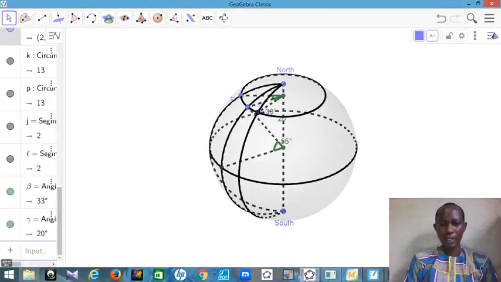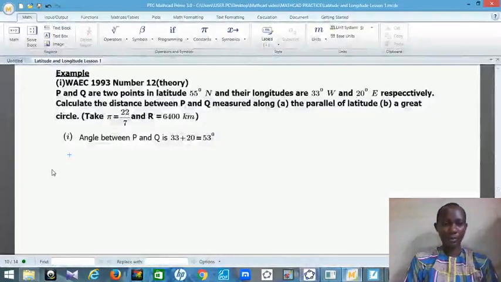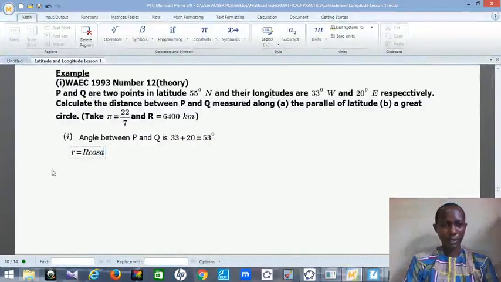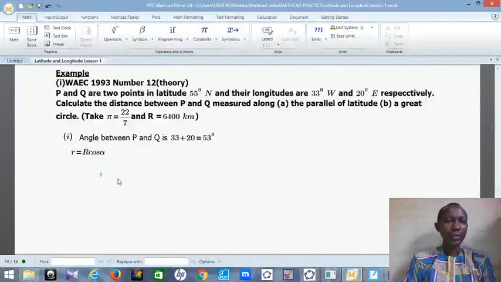This is smaller. So how do we get this radius? We use small r equals capital R cos alpha. The alpha is the latitude. In our previous class, I think you saw that.